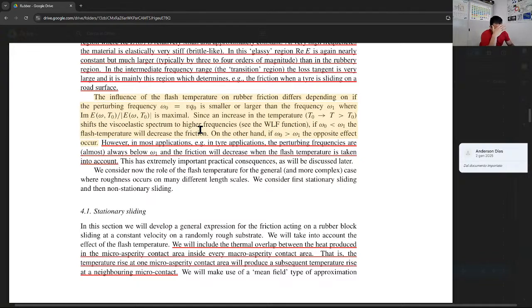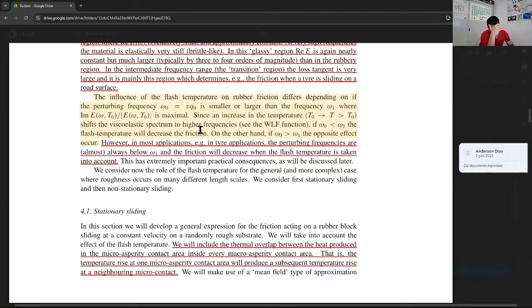If omega 0 is higher than omega 1, which is the frequency where the loss tangent is maximum, the flash temperature will increase the friction.